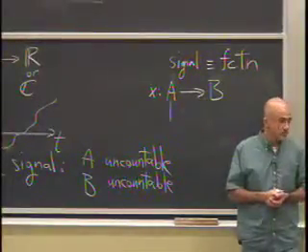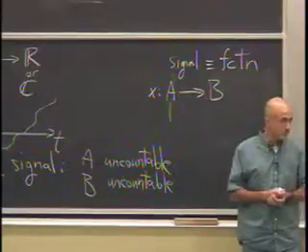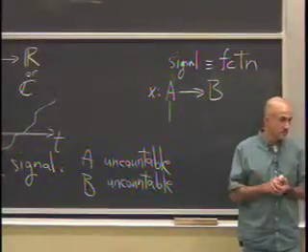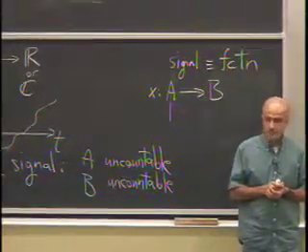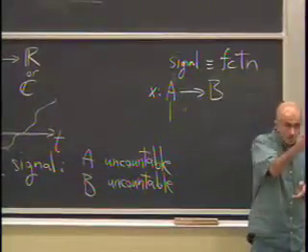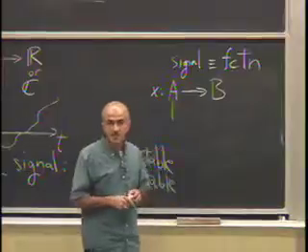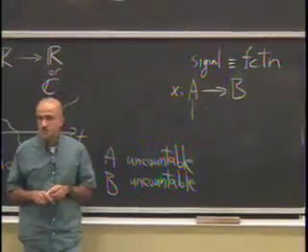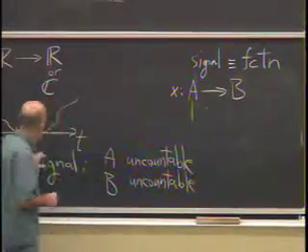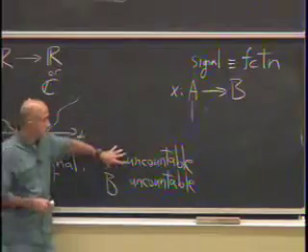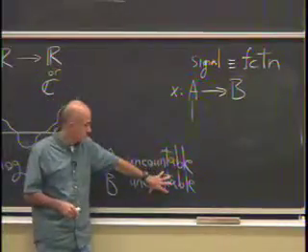The set of integers has an infinity of points. What's the distinction? One is countable. You can say 1, 2, 3, 4, and so on. Whereas with the set of real numbers, you can't do that. So analog signals are signals whose domain is uncountable and whose range is uncountable.